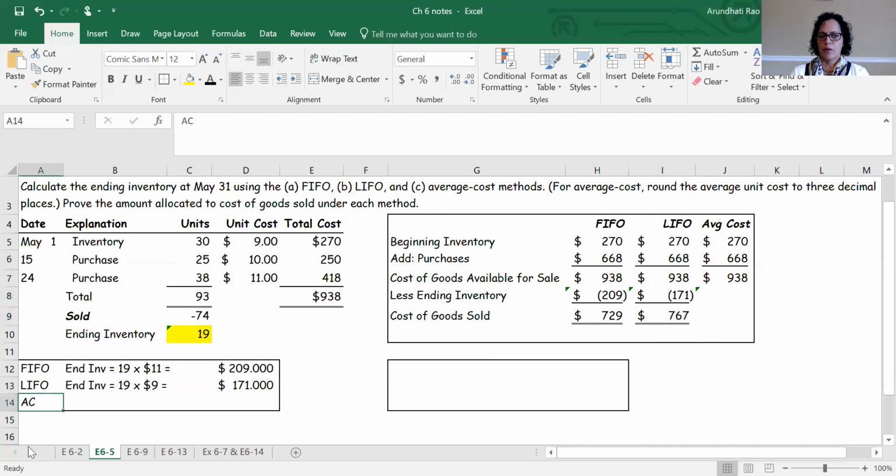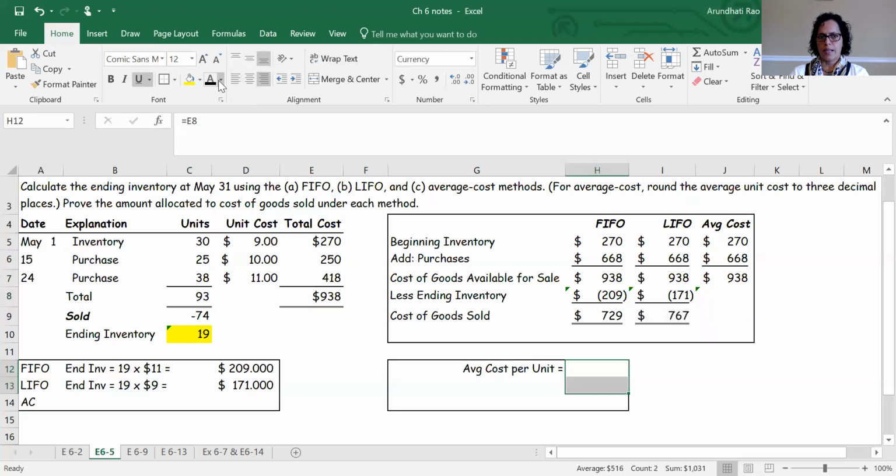The last one we have to look at is the average cost method. In the average cost method, I need to calculate the average cost of the inventory on hand. So I paid a total of $938 for 93 units of inventory.